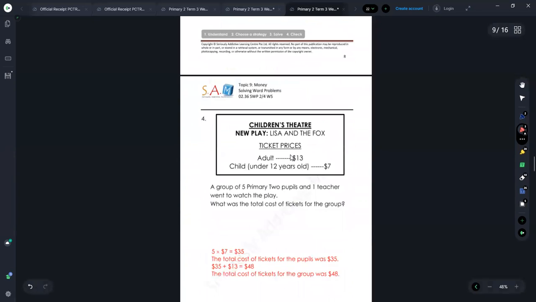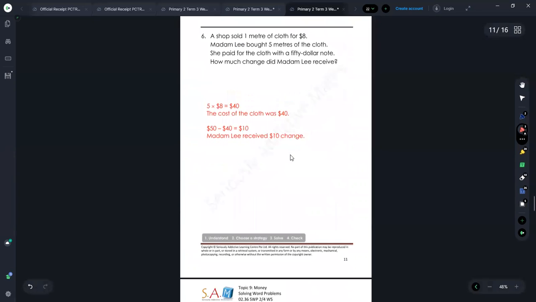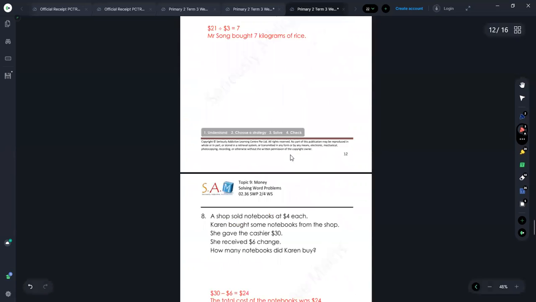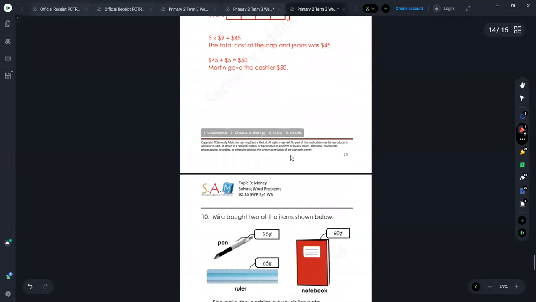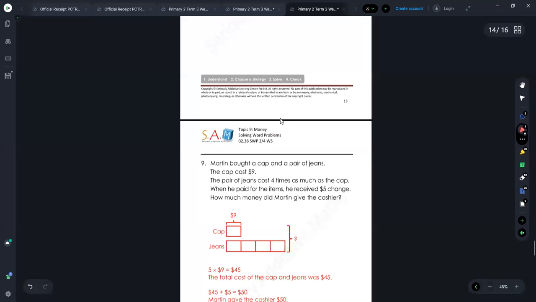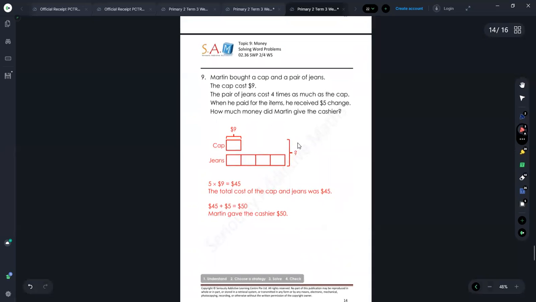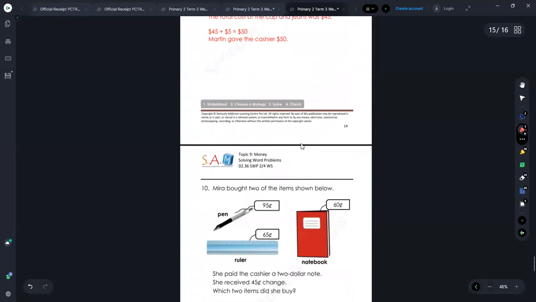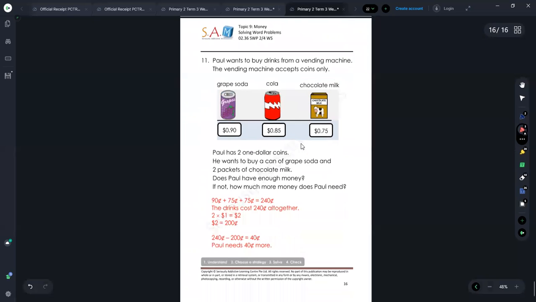This might be challenging. I'm beginning to think that some of these questions might be a bit challenging for a few of them to do.